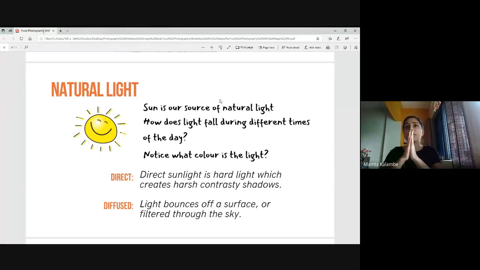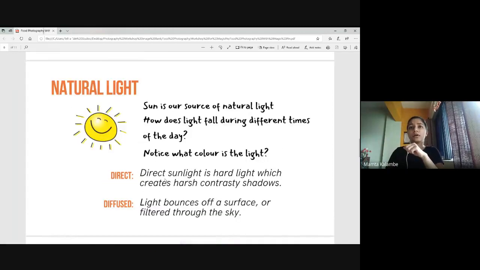So I'm going to cover mostly natural light, because that is easily available, free of cost, and artificial light is something you would need to know when you get into professional photography. Natural light is the easiest light that you can use to shoot good food pictures.